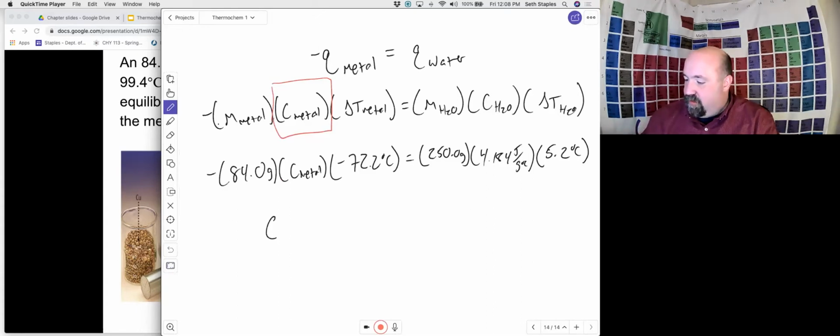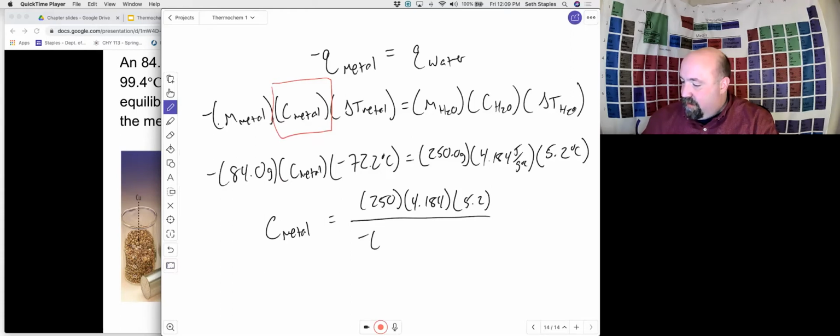And then we can just algebraically solve this for C of the metal. And so C of the metal, let's leave the units off for simplicity, show you what you would be inputting into the calculator. 250 times 4.184 times 5.2. We'll now divide that by negative 84 times negative 72.2.